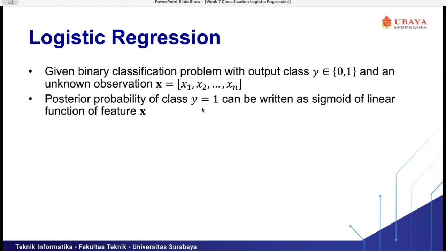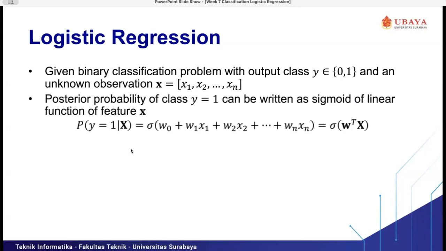The posterior probability of class Y equal to 1 can be written as the sigmoid of a linear function of feature X. As you can see, this is the formula for the posterior probability of class Y. The probability of Y equal 1 given X features equals the sigmoid function of W0 plus W1x1 up to Wn xn. So X will be the input features, and W is the weights that will be multiplied by each X. We also have a bias W0.